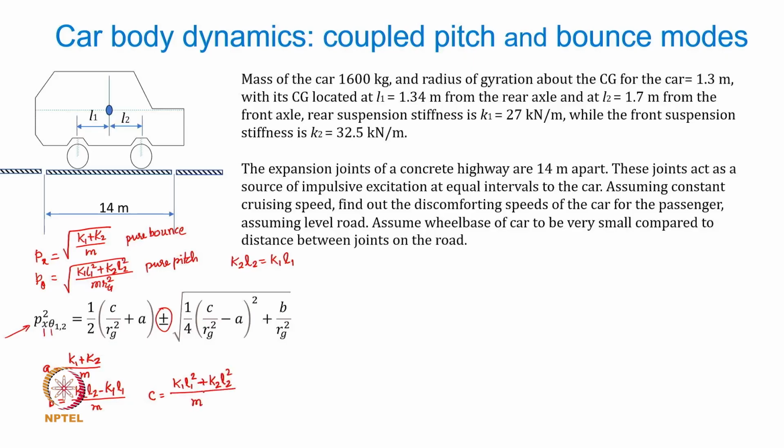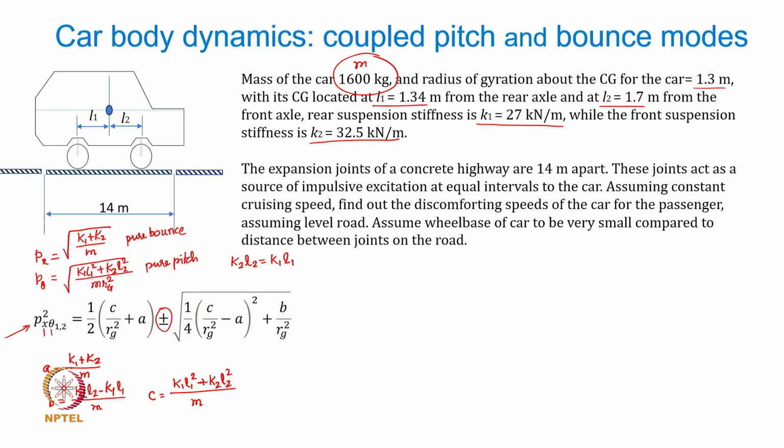So what are these values? These values are already given. k1 is given, k2 is given, L1 is given, L2 is given, radius of gyration rg is given, and the mass of the car is also given. So you have everything that is required to find the two natural frequencies, and we find that out.